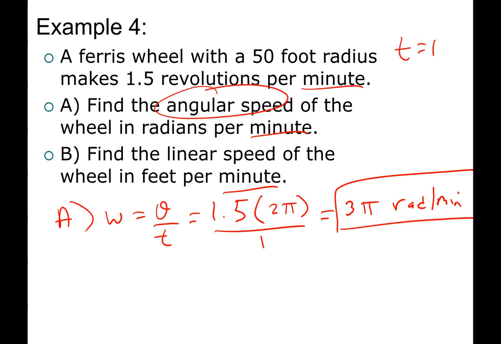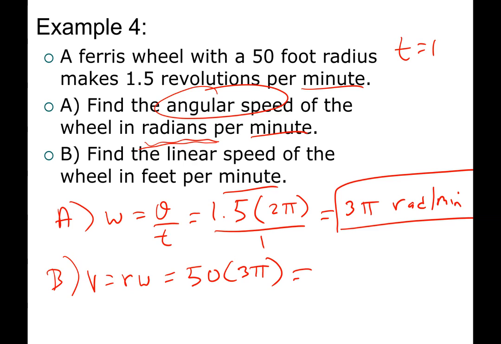Remember that an angular speed has to have an angular unit. So when they say radians per minute, they're telling you how large the angle is. Then for part B, you're looking for the linear speed. Because you already did the angular speed, you can just find V by multiplying the radius times the angular speed. So that would be 50 times 3 pi that we already found, which would give you an answer of 150 pi.